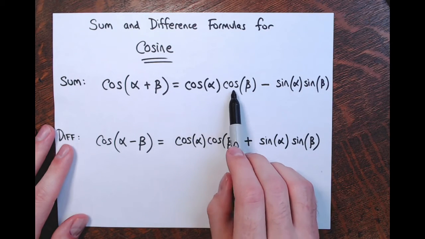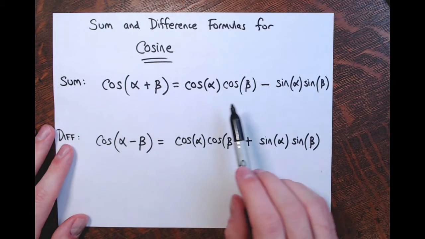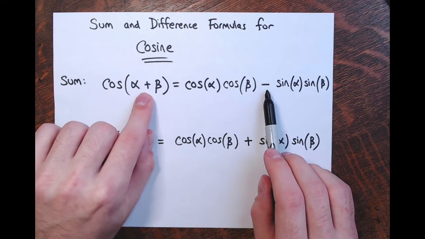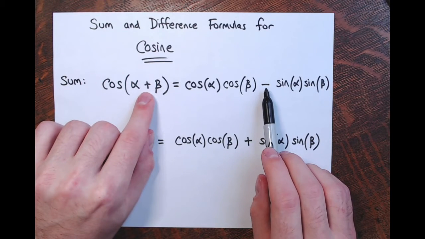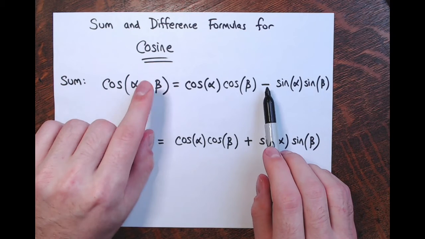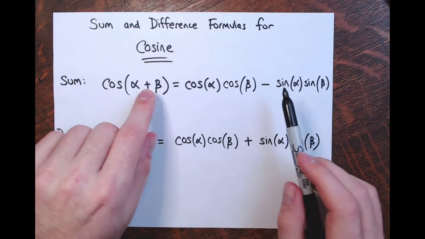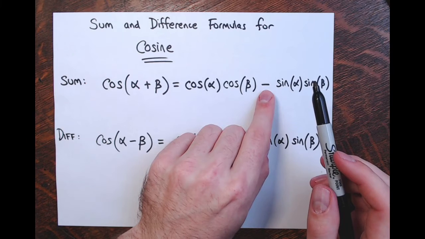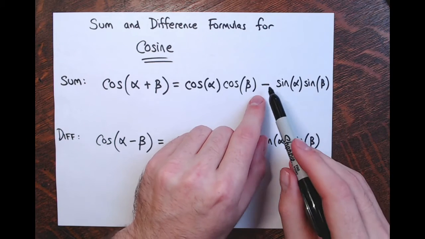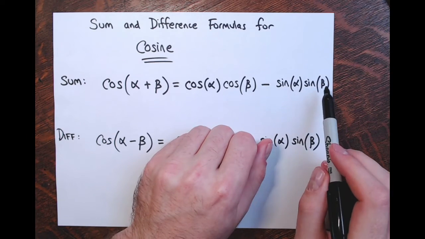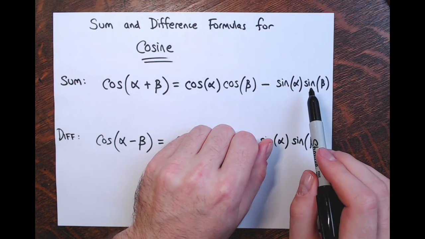So it's the product of the cosines of the separate angles. Alright, then here's the tricky part that people tend to forget. Then it's a minus over here. The cosine of a sum of two angles ends up being a subtraction, a difference. Minus, and then the product of the sines of the angles, the sine of alpha times the sine of beta.